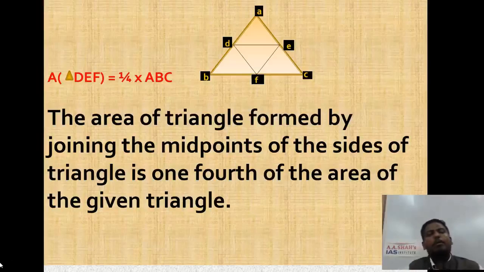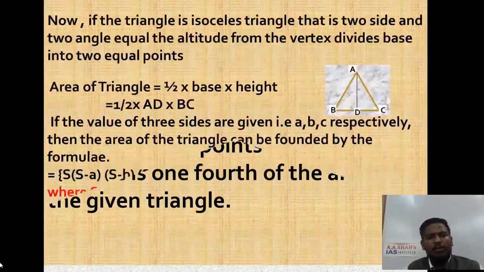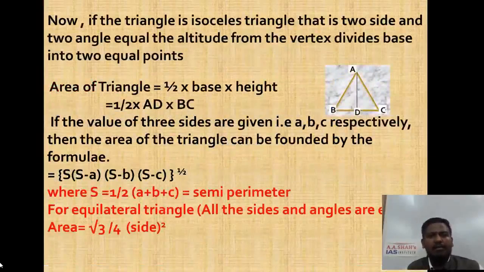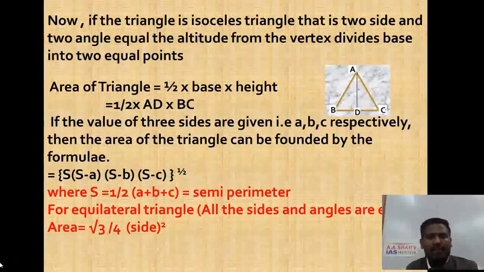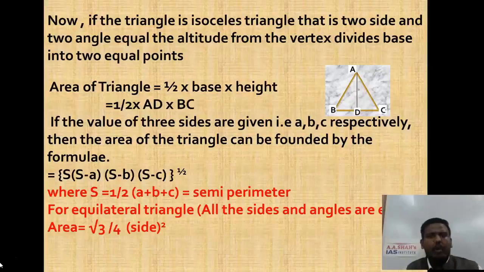Now from these important properties related to area, sides and angles, we move towards the types of triangles and their important properties. See, if a triangle, like on the screen you can see in the figure, has two sides equal, that is side AB is equal to side AC, or two opposite sides equal and also has two opposite angles equal, this kind of triangle is called an isosceles triangle.